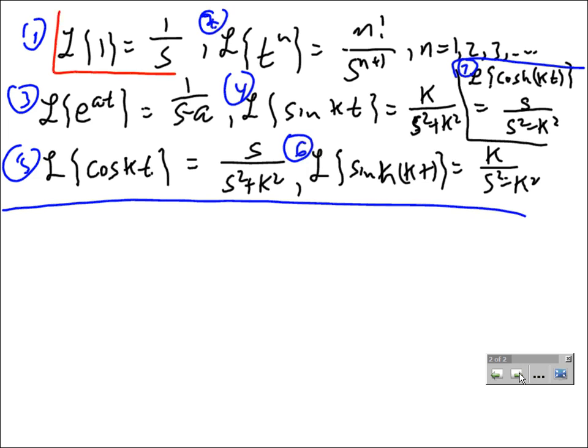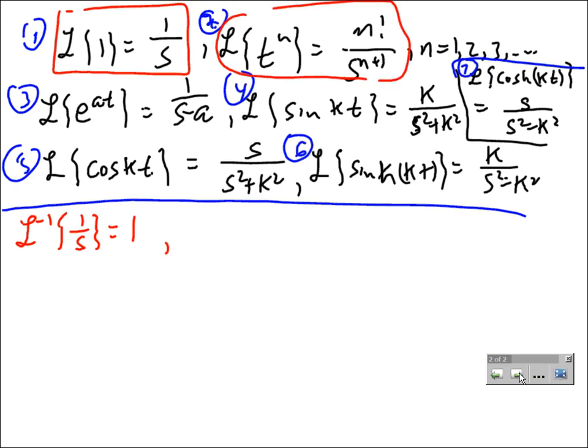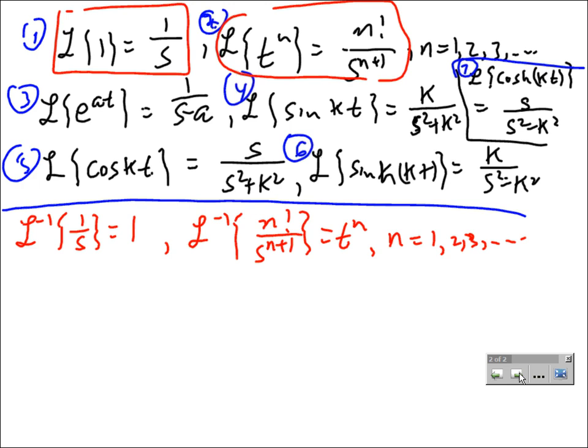If we know L of 1 gives you 1 over s, then L inverse of 1 over s will give you 1. If we know this one, we know that L inverse of n factorial over s to the n plus 1 gives you back t to the n, but only when n is a counting number. We have number 3 here.